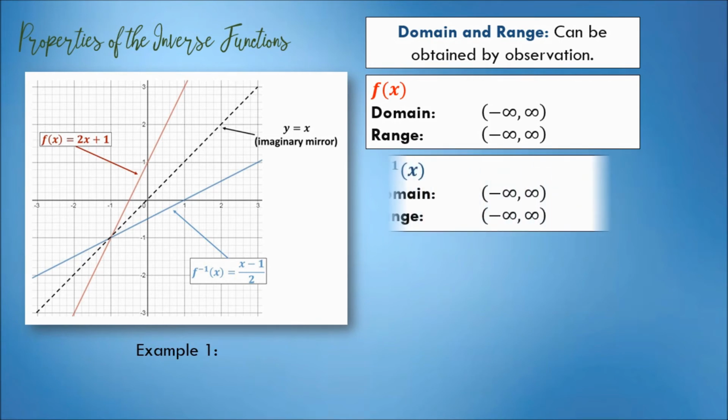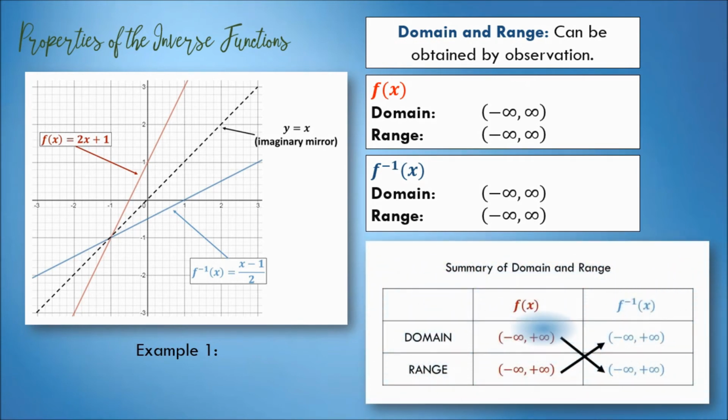For the inverse function, it is the same. All real numbers. To summarize their properties, take note that the properties of inverse functions are also interchanged. The domain of f of x becomes the range of the inverse, and the range of f of x becomes the domain of the inverse.